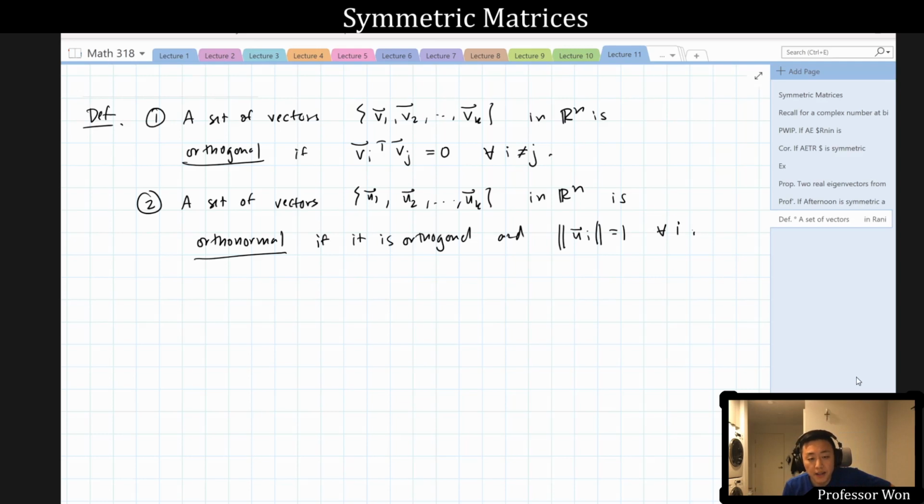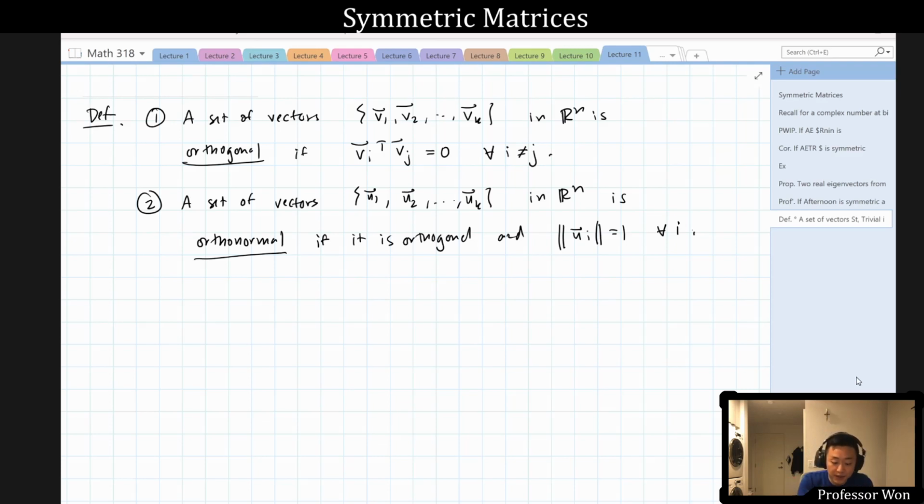Okay, so orthogonal means perpendicular. Orthonormal means orthogonal plus unit length. So it's an even nicer set of vectors. They all lie at right angles to one another, and they all have unit length.